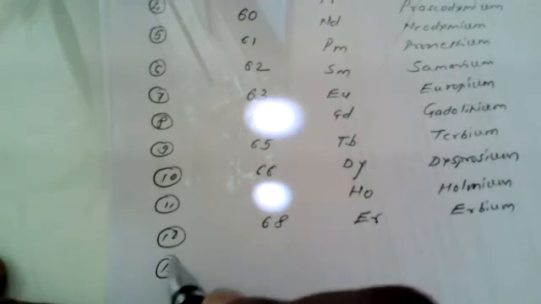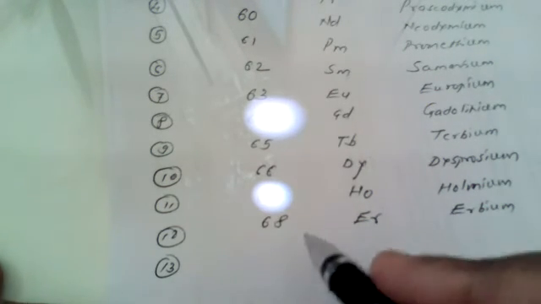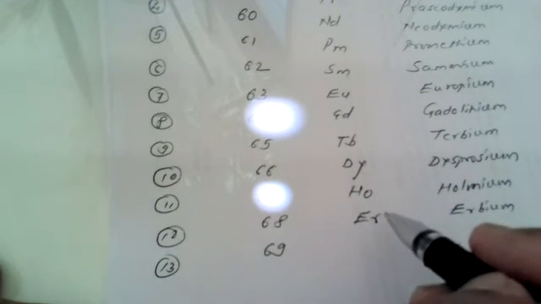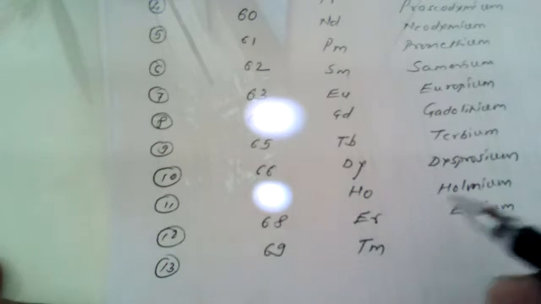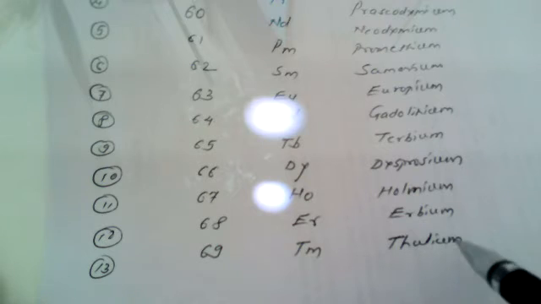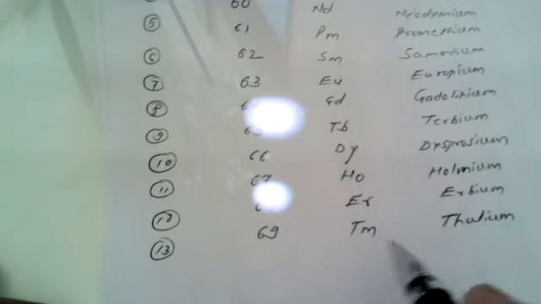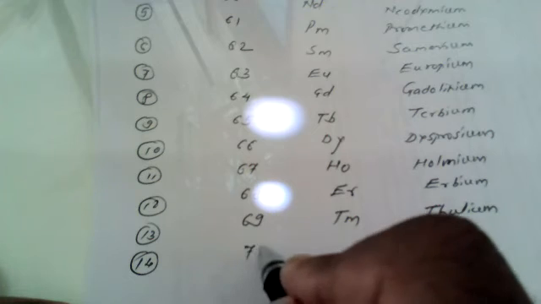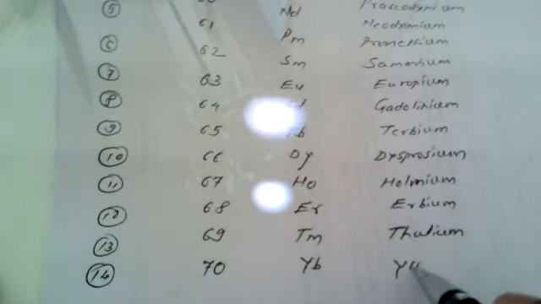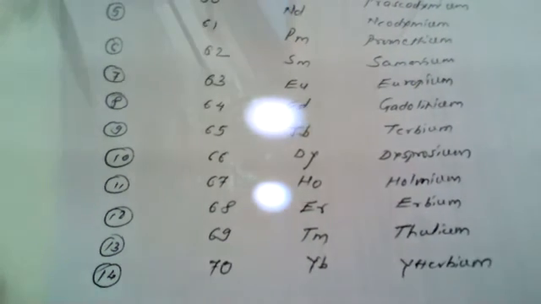Then serial number 13, atomic number 69. Its symbol is Tm. Name of the element is thulium. Then serial number 14, the last but one element, atomic number 70, symbol is Yb, name is ytterbium.